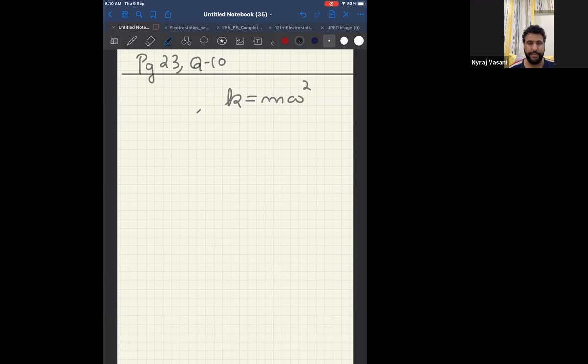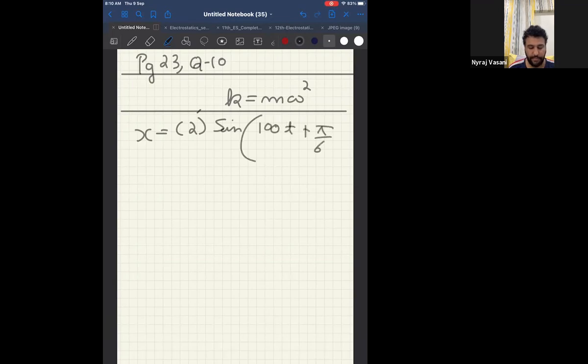Okay, now let me start. For people who have not understood. Now I know the equation is x is equal to 2 centimeter sine, correct. Now, can I say from this my amplitude is 2 centimeter? Check.